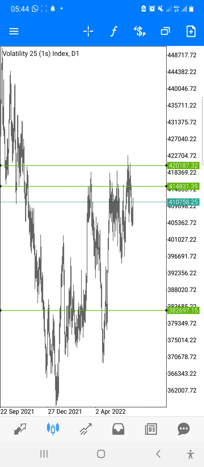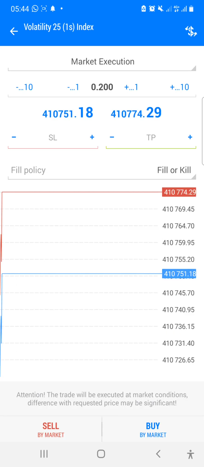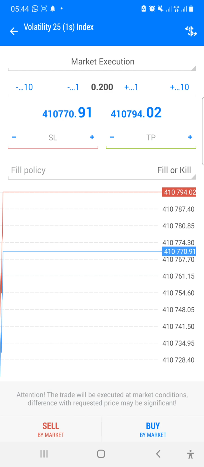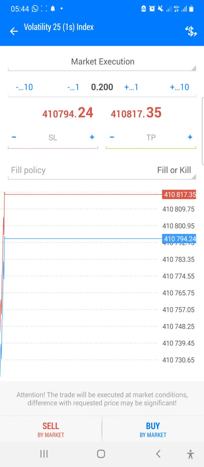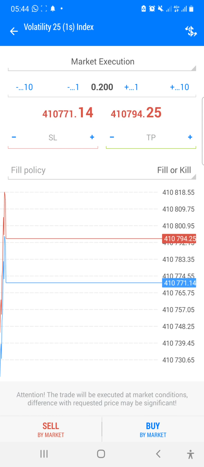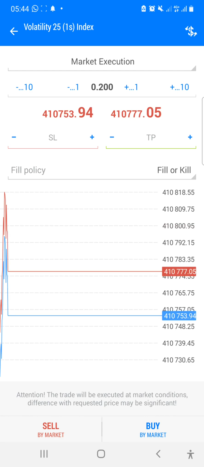So going to the chart now, we know our stop losses. I already told you how you need to cross check the lot size these brokers give you. Look at now, they put the 0.2 lot size here already.